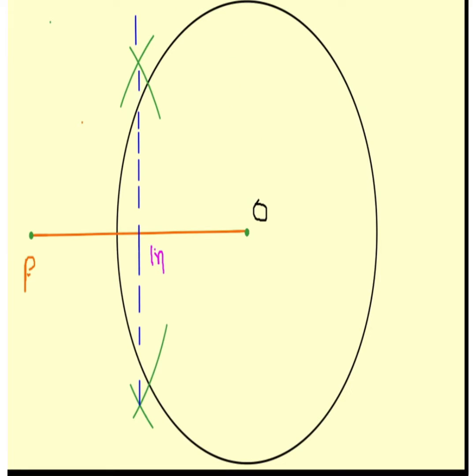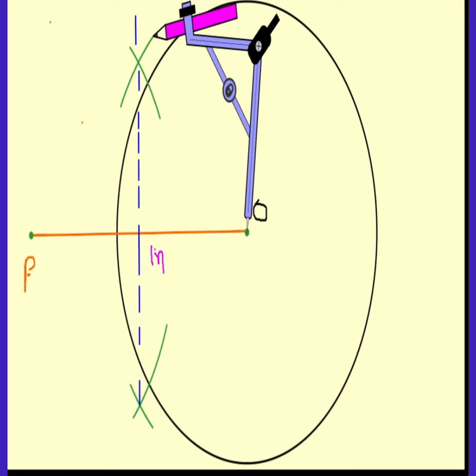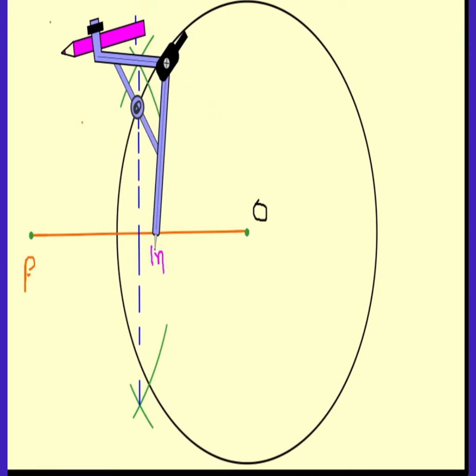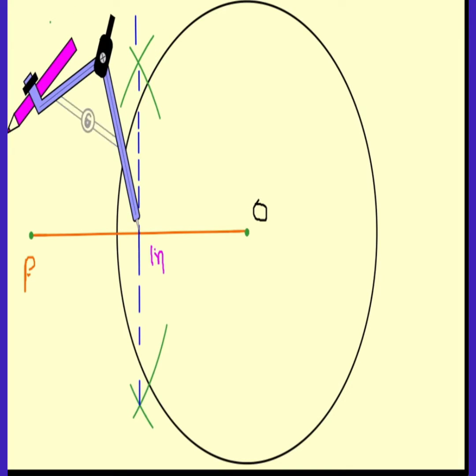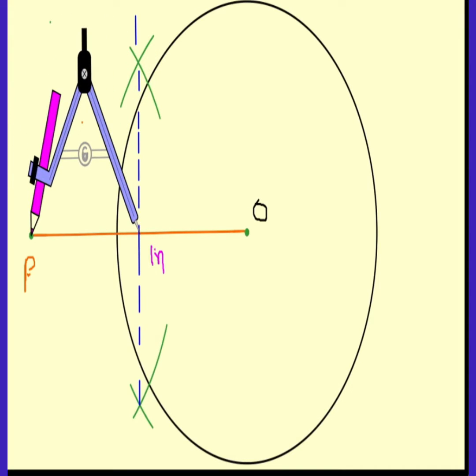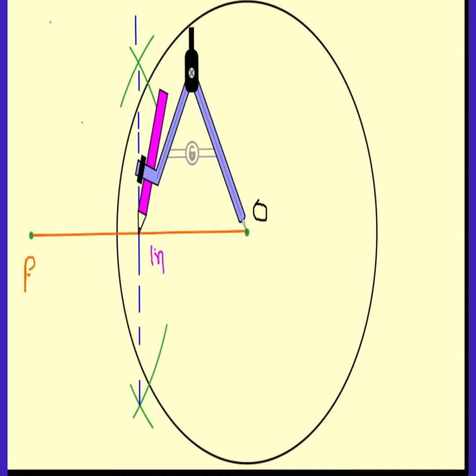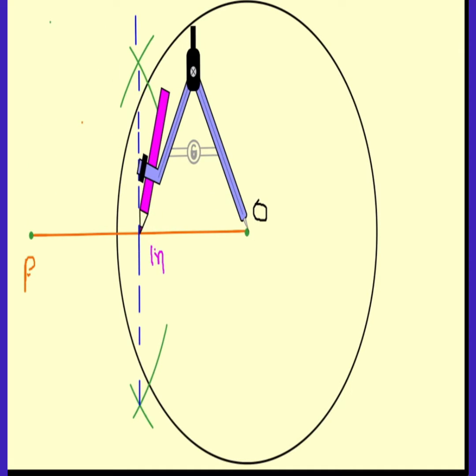After that, what to do? इसके बाद क्या करेंगे दोस्तों, again we will take your compass and placing the pointer of compass at this point of intersection, measure the distance either PM or OM.